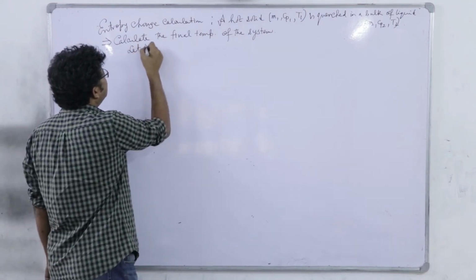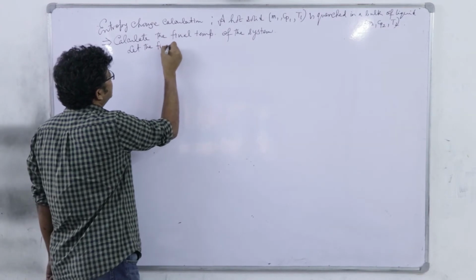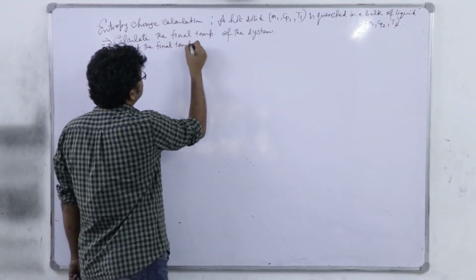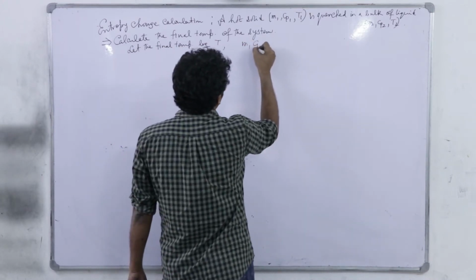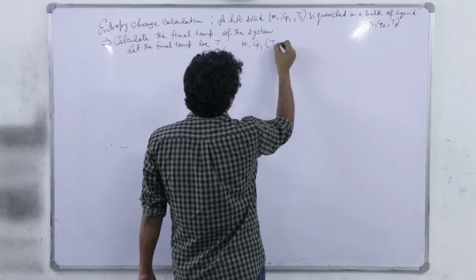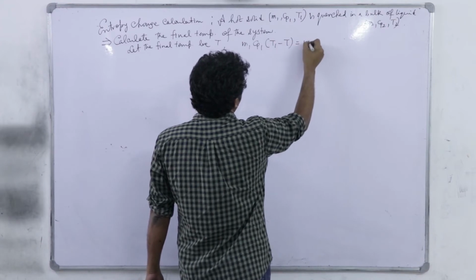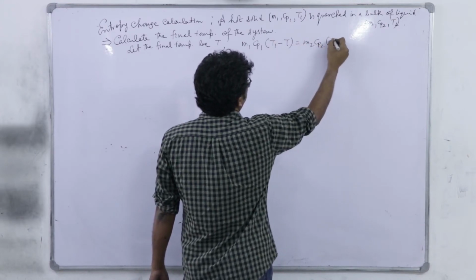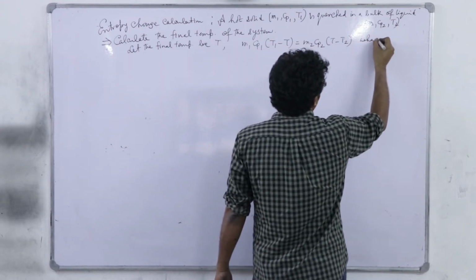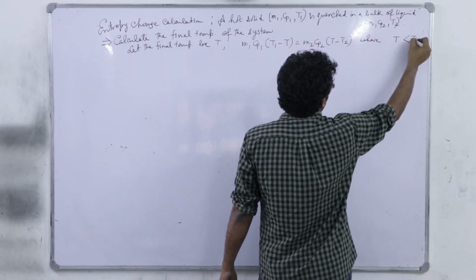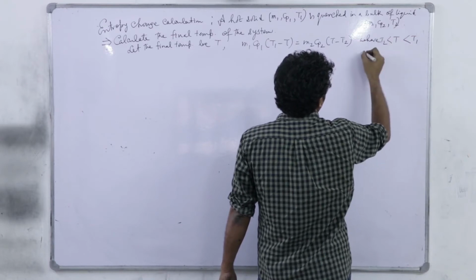Let the final temperature be T. So, m1 Cp1 (T1 minus T) is equal to m2 Cp2 (T minus T2), where T is less than T1 and greater than T2.